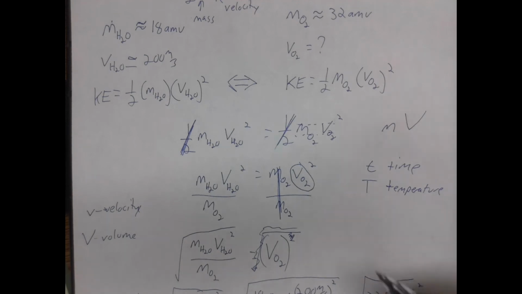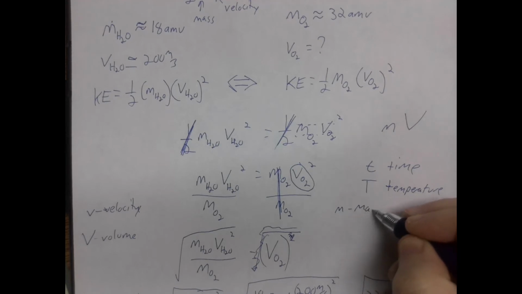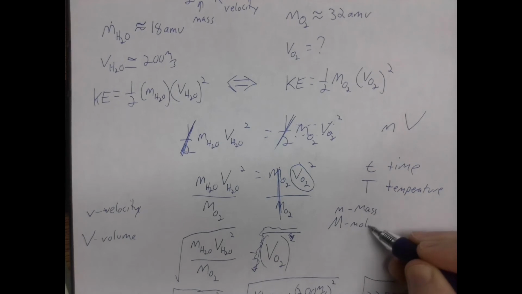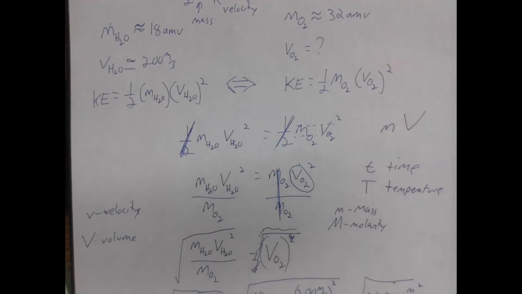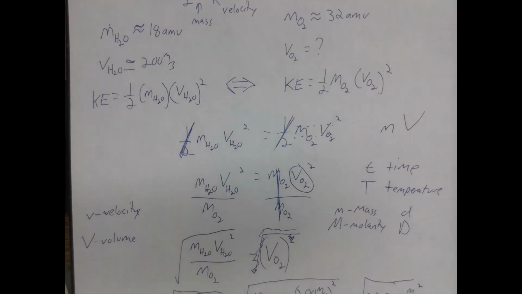For example, M is for mass, and capital M is for molarity. D is for distance. Capital D is for density. Again, lots and lots of meanings.